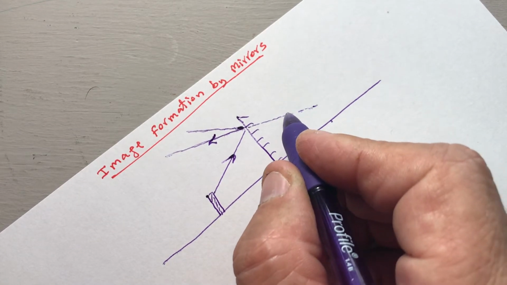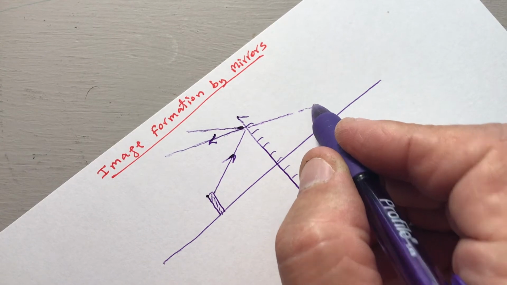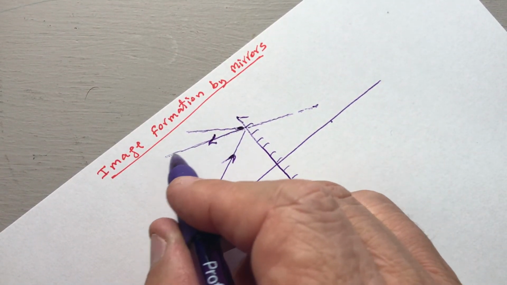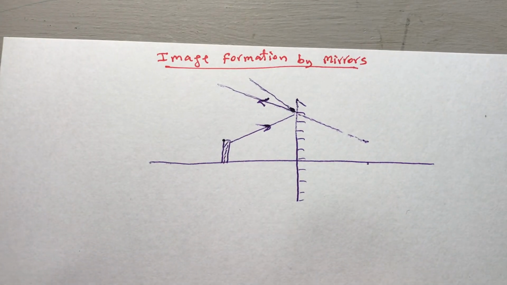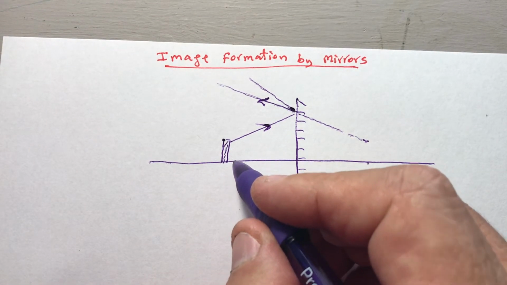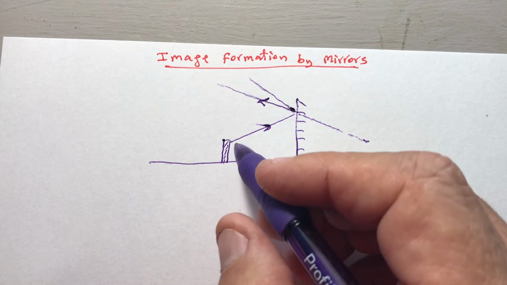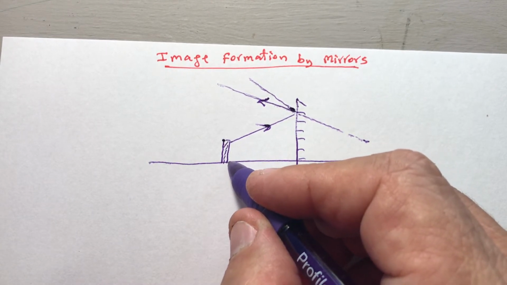This is the projection of light. This is not light, this is just the projection of this ray here. And let me take another ray coming from the bottom of the ruler. Let me see. I make it go to the same location like here.